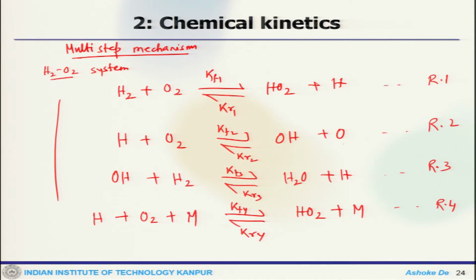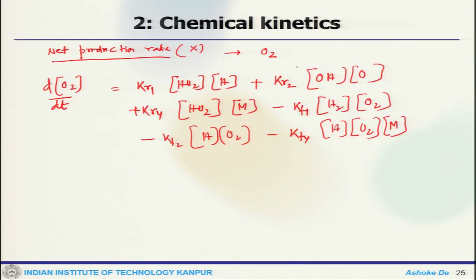To find out the net production rate, first we consider the producing part, then subtract the consuming part.